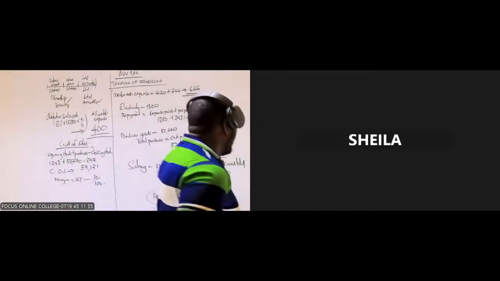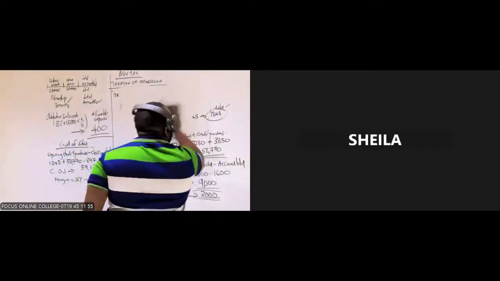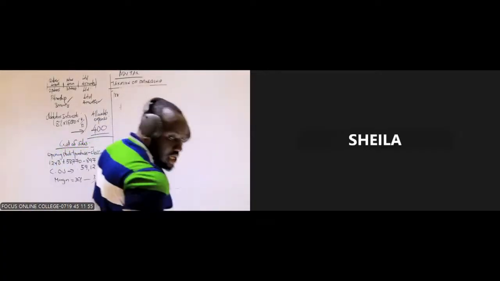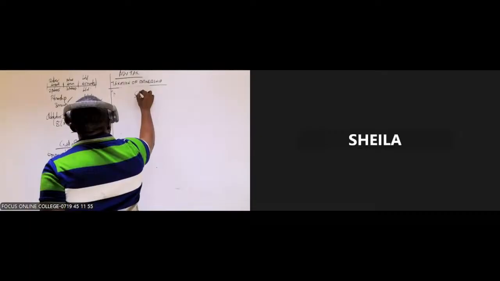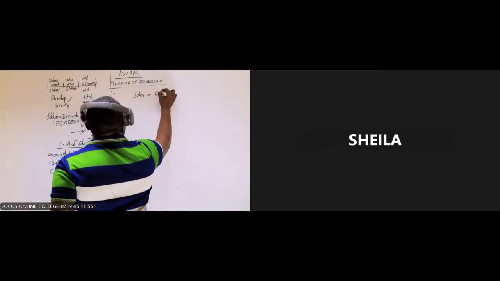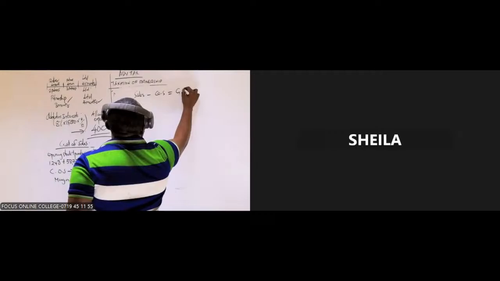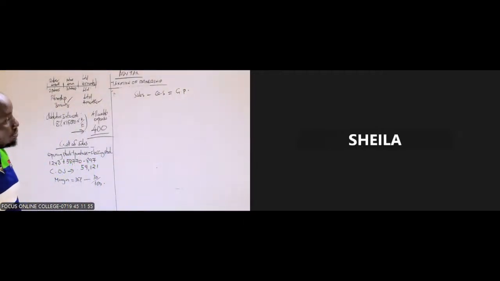Tuko pamoja. So if I look at this, I can even use a markup to get it. If I'm looking for the markup, we have sales minus the cost of goods sold equals the gross profit.